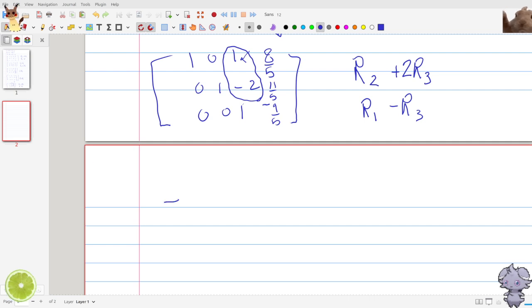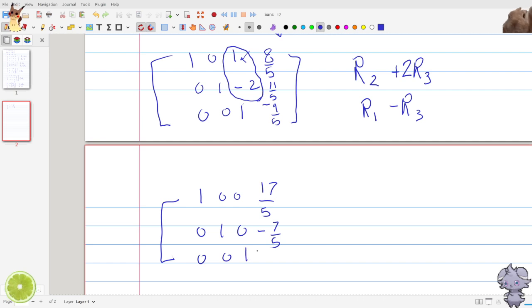which is 1, 0, 0, 17/5; 0, 1, 0, minus 7/5; and 0, 0, 1, minus 9/5, and that's our reduced row echelon form.